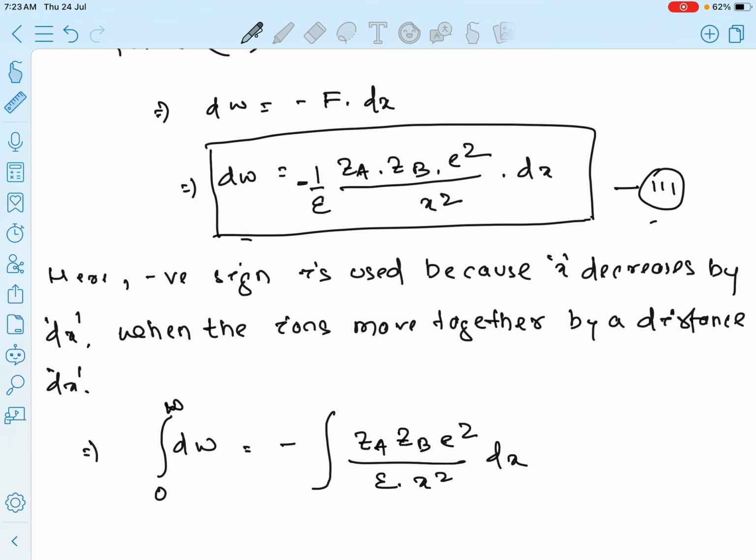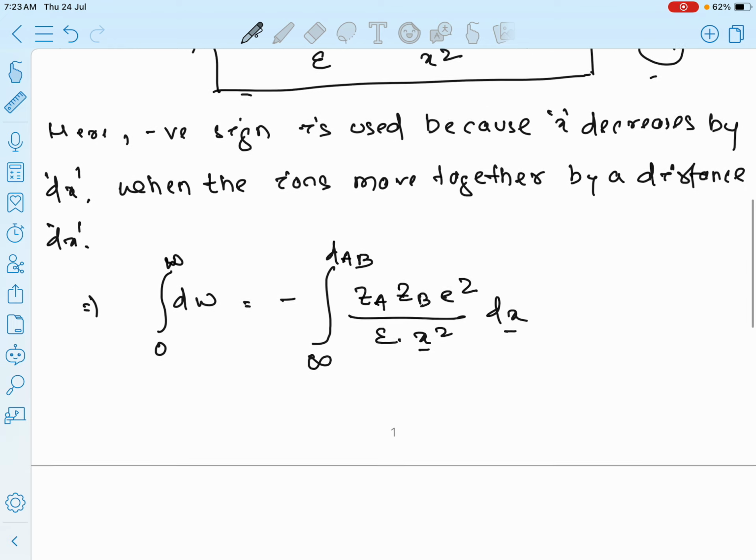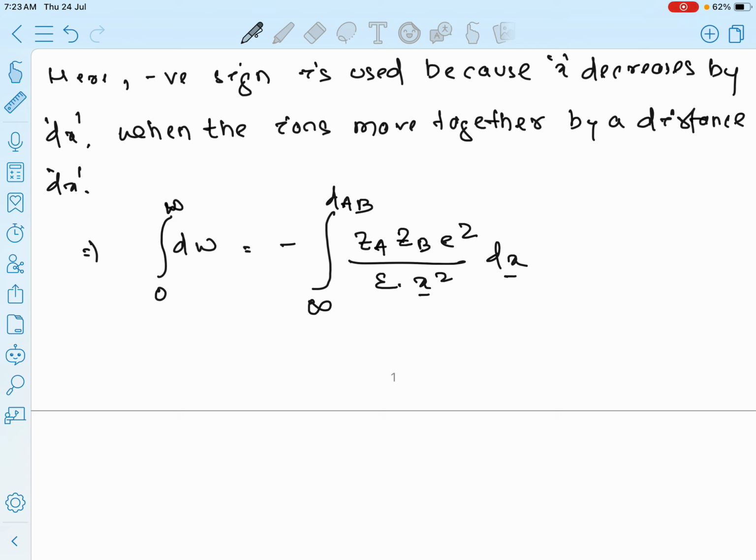Now, what is the variation parameter here? x is the variation parameter here. How is it varying? It is varying from infinite distance to dab distance. Okay, so now we can take out the constant terms. The charges of ions do not change, and epsilon does not change as the solvent medium is continuous in nature and evenly distributed.